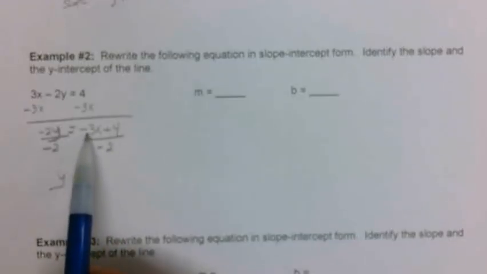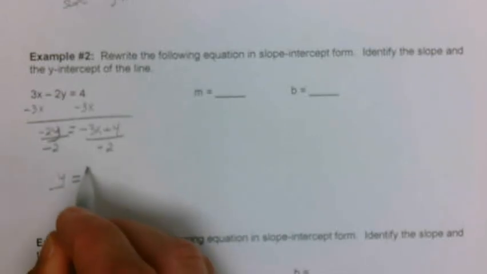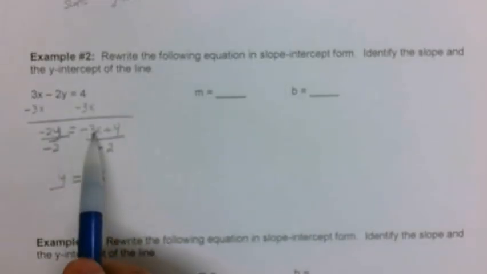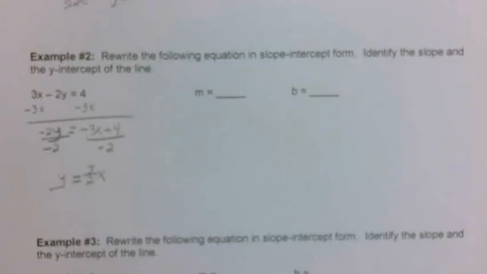Okay, so we're going to do negative 3x divided by negative 2 first. Well, a negative divided by a negative is actually a positive. And 3 divided by 2, you can't simplify, so we're just going to have 3 halves x. All right, so negative 3x divided by negative 2 is positive 3 halves x.